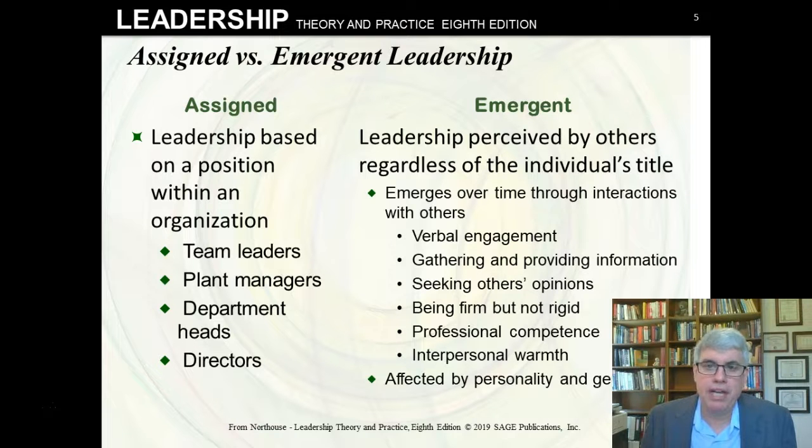So we're going to put a big emphasis on that. And as you'll see throughout the textbook, these traits interact with a person's personality and gender, and so not everybody needs to be the exact same way, but it depends on a lot of things, including the circumstance that someone is in.